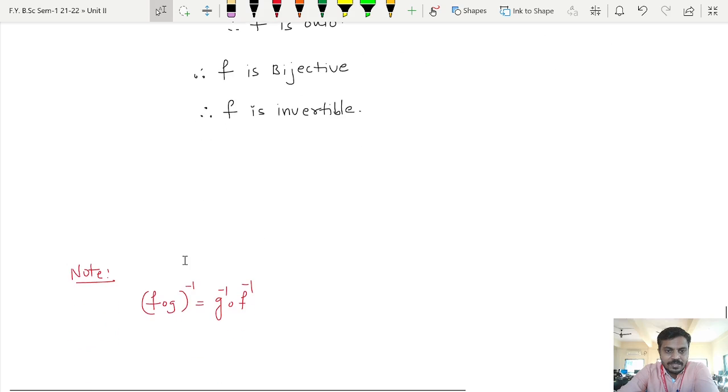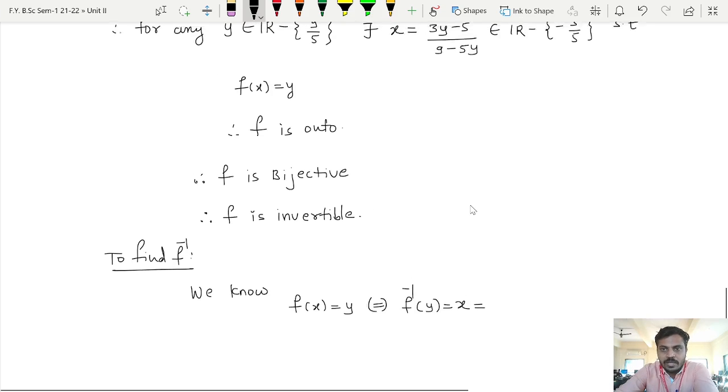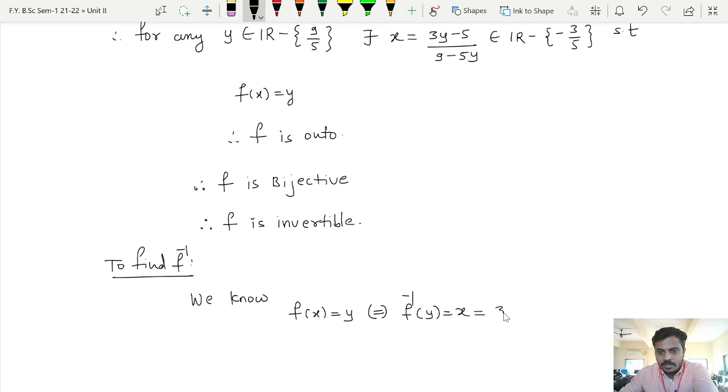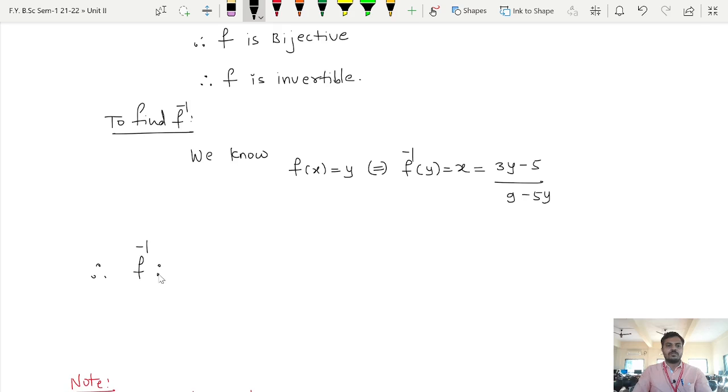So now, to find f inverse: we know f of x is equal to y if and only if f inverse of y is equal to x. And what is our value of x? Our value of x is nothing but (3y minus 5) upon (9 minus 5y). So therefore, f inverse exists. Therefore, f inverse is a map from what? What was the codomain of that function?